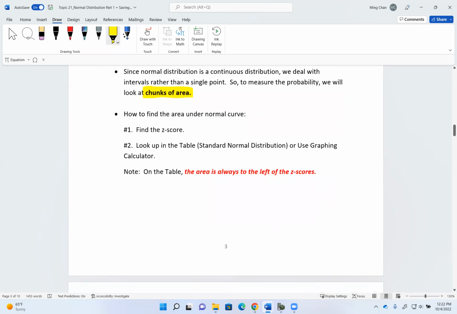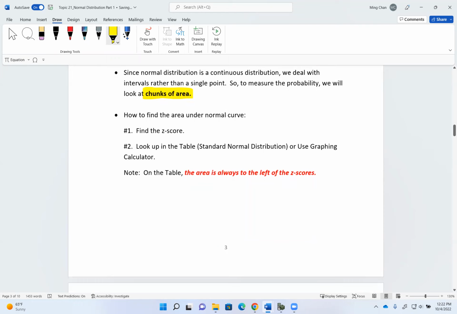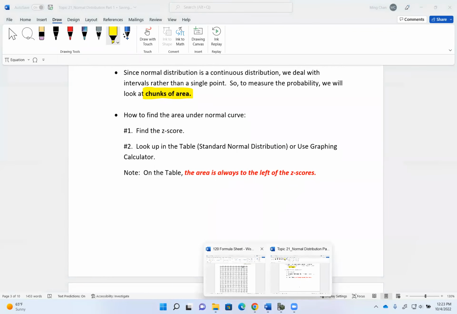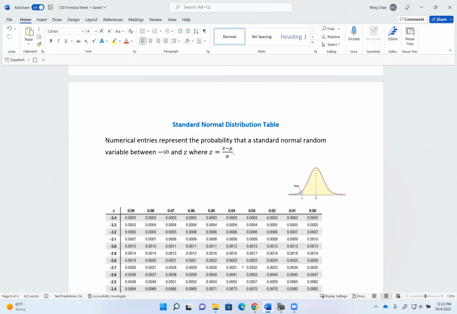There are 2 ways to find the area under the curve. Number 1, standardize your random variable x, which means find the z-score. Then we can look it up in the table or use a graphing calculator. On the formula sheet, toward the end, you have a standard normal distribution table.